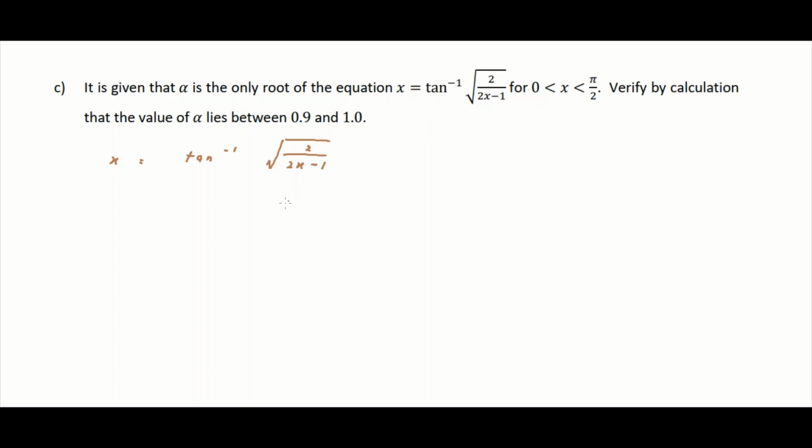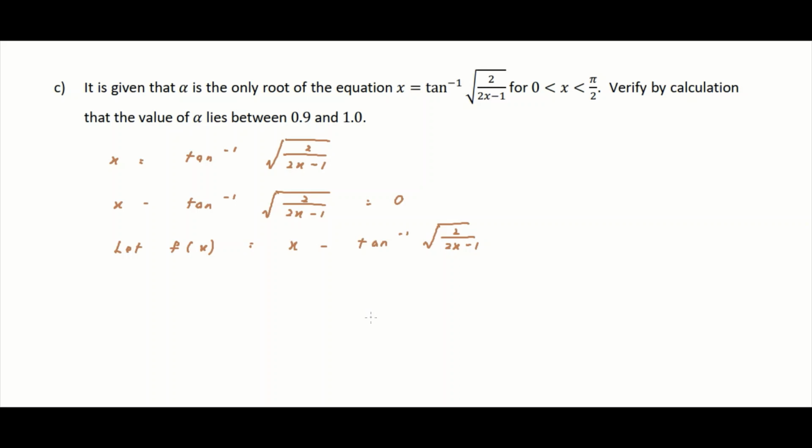Same thing, before you can put it into f of x, you must rearrange it in an equation that the right hand side equals to 0. So x minus tangent inverse of square root 2 over 2x minus 1 equals to 0. After that you can let your f x equal to x minus tangent inverse of square root 2 over 2x minus 1.